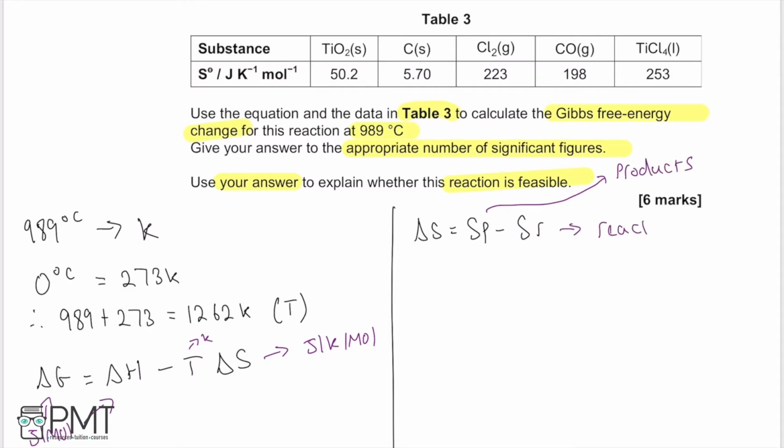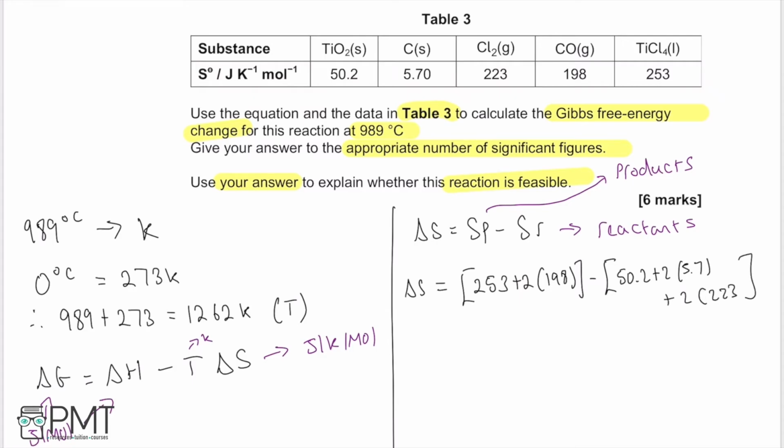So if we sum the products and reactants using the data from table 3, whilst also taking into account the molar ratios, we will get, in large brackets, 253 plus 2 multiplied by 198 minus, also in large brackets, 50.2 plus 2 times 5.7 plus 2 times 223. And this, when added, gives us a simplified version of 649 minus 507.6, and therefore 141.4 joules per Kelvin per mole.